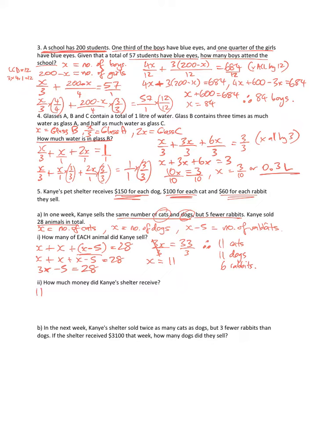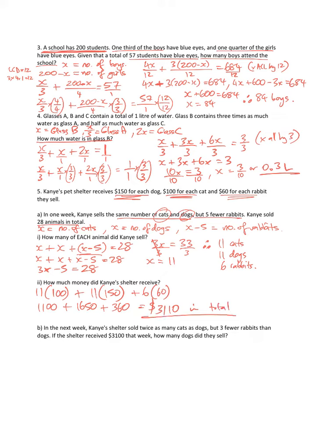So 11 cats at 100 each, plus 11 dogs at 150 each, plus 6 rabbits at 60 each. 11 times by 100 is 1100. 11 times by 150 is 1650. 6 times by 60 is $360. All those added up together is $3,110 in total.